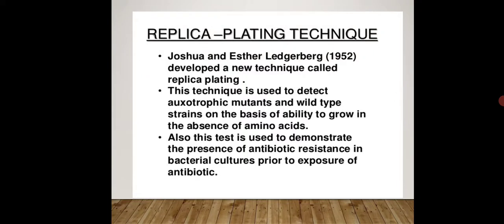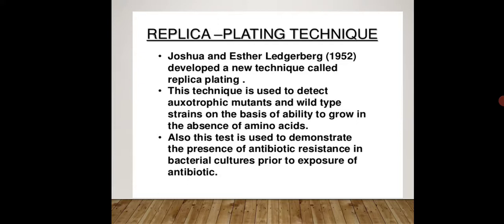Next is the replica plate technique. Now you all students are aware of, especially S5 students are aware of the replica plate technique because you have performed it in the lab itself. Okay, so practically also you have performed it and now you are studying it theoretically. So the replica plate technique was developed by scientists Joshua and Esther Lederberg in the year 1952. Okay, and that technique is termed the replica plate technique.